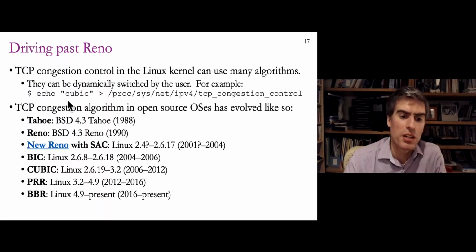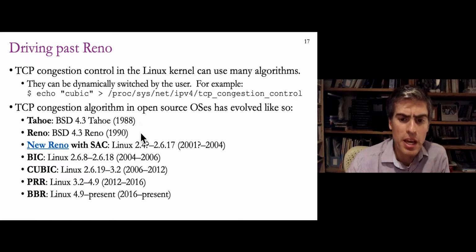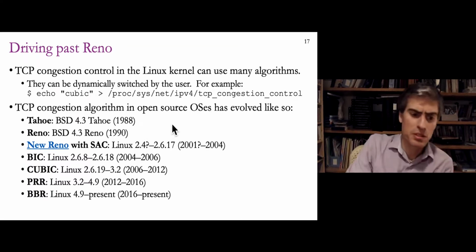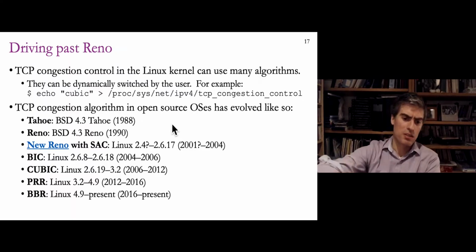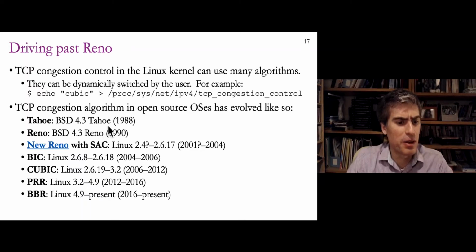On Linux, you can actually change the TCP congestion control algorithm that's being used by using the proc virtual file system. A command like this, for example, would change the TCP congestion control algorithm to use cubic. And if we look at open source operating systems in the past 30 or so years, we can see that by looking at the defaults.